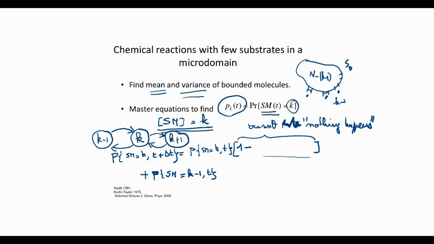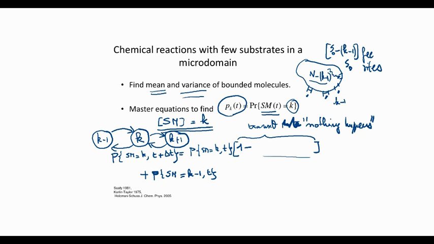substrate, how many free sites do we have? The number of free sites is exactly S0 minus k minus 1. This is the number of free sites. Alright, so now to make a transition from k minus 1 to k, it means that we need to have 1 molecule, 1 out of n minus k minus 1, that comes and arrives at a free site.